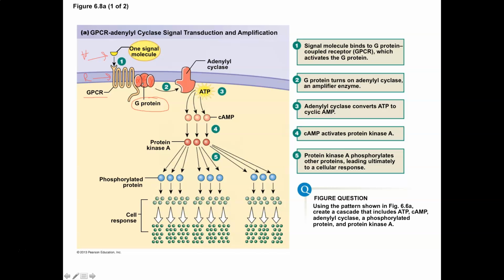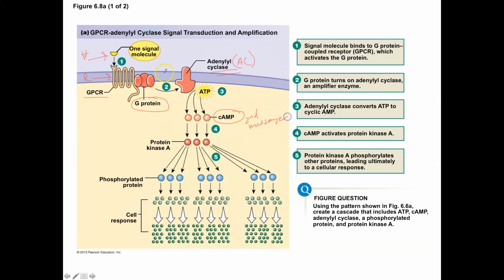When you activate the G protein, you can go on to activate an enzyme that's found within the plasma membrane, adenylyl cyclase or adenylate cyclase, often just abbreviated as AC. And that adenylate cyclase is important because it allows us to produce cyclic AMP. And so cyclic AMP becomes the second messenger within the cell.